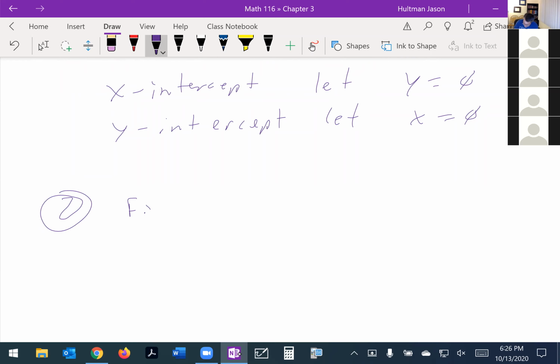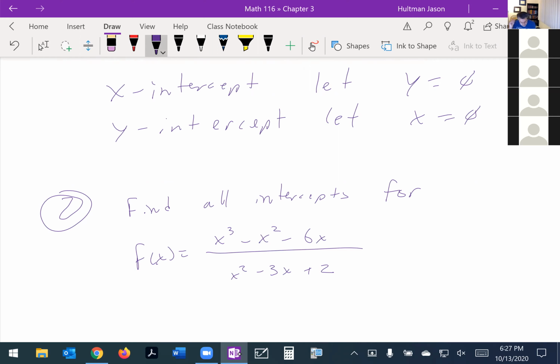Find all intercepts for f of x equals x cubed minus x squared minus 6x all over x squared minus 3x plus 2. The first thing I want to do is find the x-intercepts.